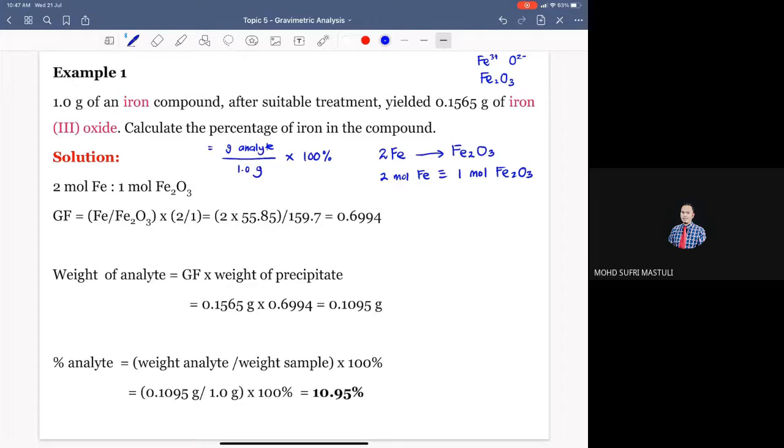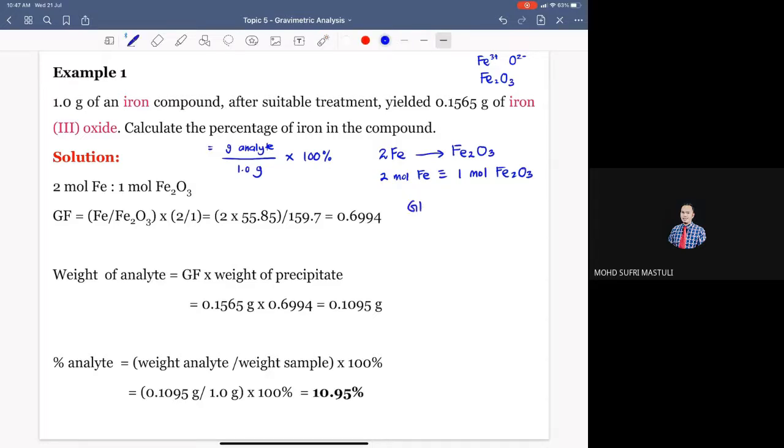So you can calculate the gravimetric factor, because from the gravimetric factor you can obtain the mass of analyte, because the mass of sample is already given.